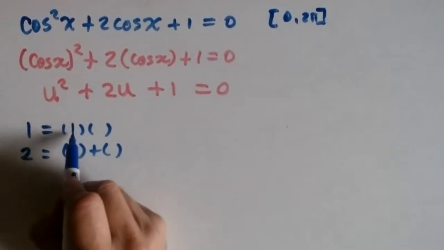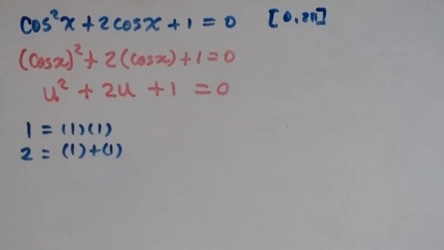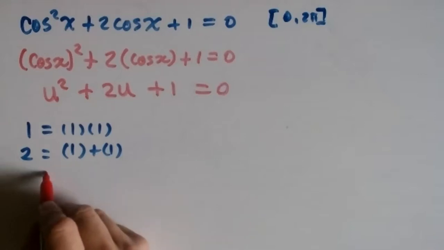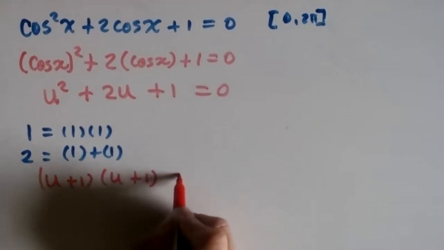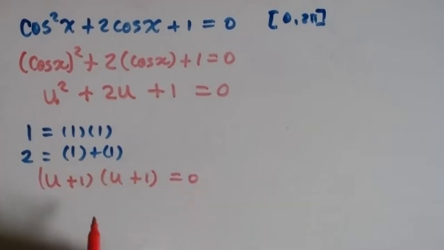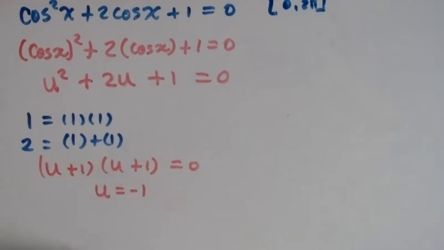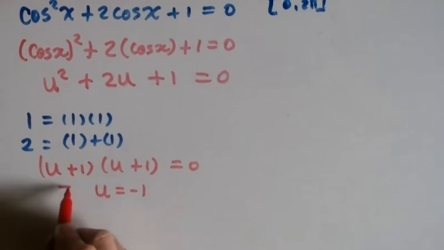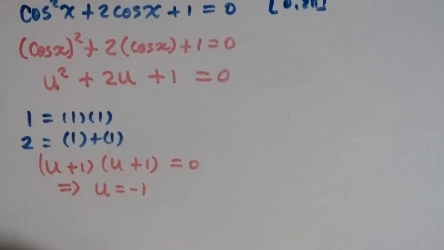So 1 times 1 is 1, and 1 plus 1 is 2. So this is going to be u plus 1 times u plus 1 equals 0. So these are the factors, correct? And then the only solution we have is u equals negative 1, because if this is 0, u is negative 1.